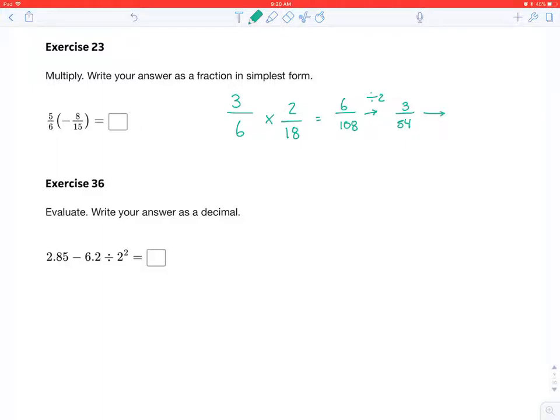Both of those can be simplified by 3. I'm going to divide by 3, and then 3 divided by 3 is 1. 54 divided by 3 is going to be 18, and so I get 1/18 as my answer.